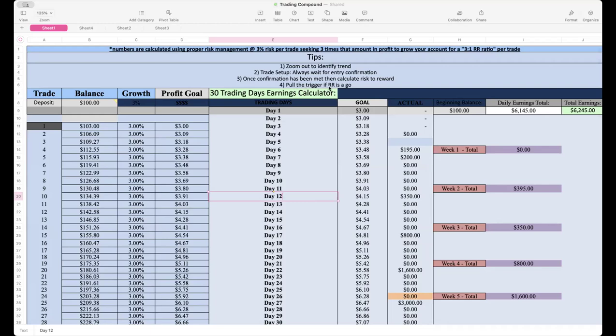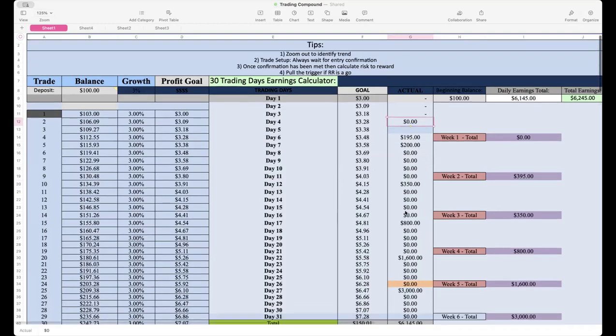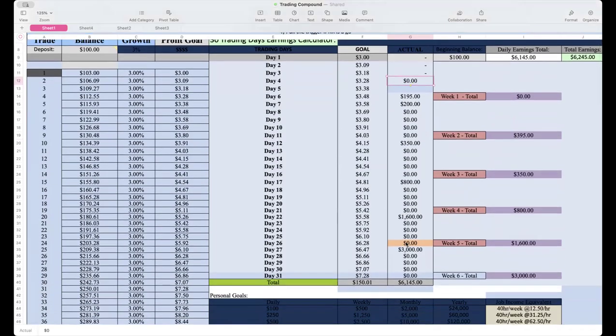And then pull the trigger if the risk to reward is good to go. Okay. So again, I'm going to drop this in the chat for you all to use.